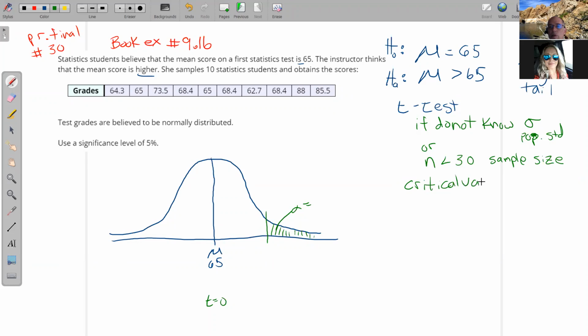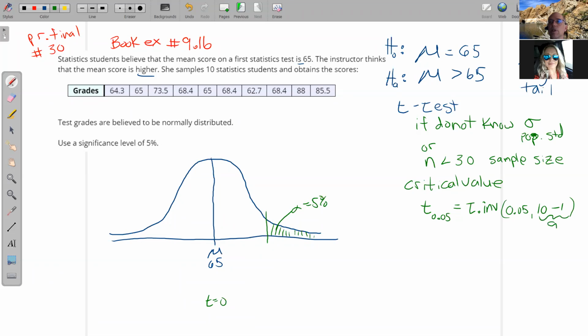Critical value is a t-score based on that 5%. So this was 5%, so it would be called t.05. And we could calculate that with what's called the t-inverse formula. Or we could use StatKey to figure it out. And the t-inverse would want to know what's that tail probability, and then the sample size minus 1. So I would have 10 minus 1, or 9 right there.